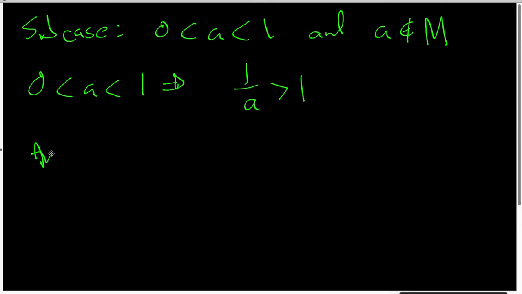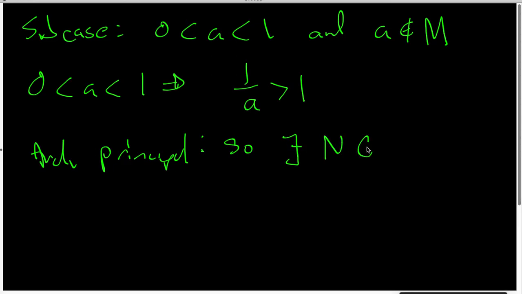And then the Archimedean principle is going to kick in and say that there exists a capital N inside the natural numbers such that 1 over A is trapped between capital N and capital N plus 1.